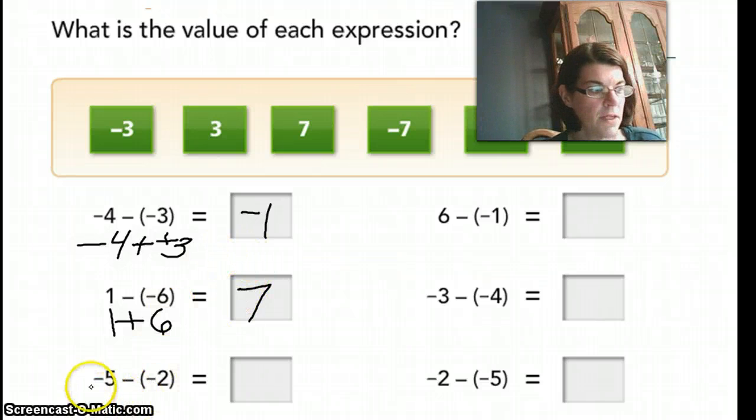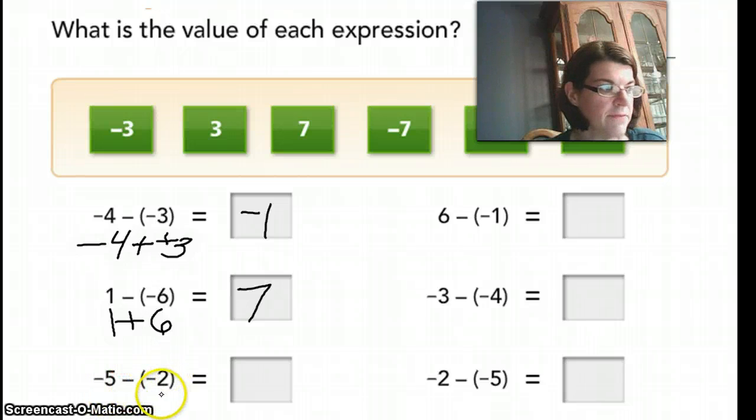Okay. Negative 5, take away a debt of negative 2. So we have negative 5. There we go. And we are going to add the opposite. The opposite of negative 2 is positive 2.